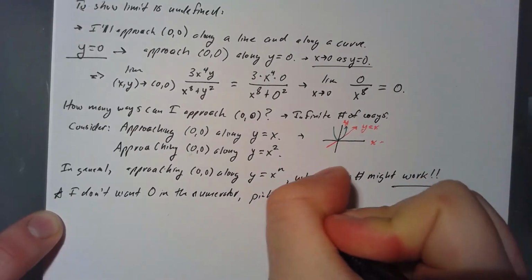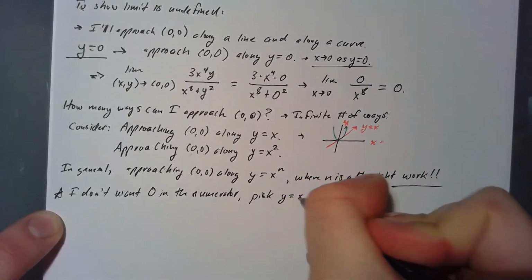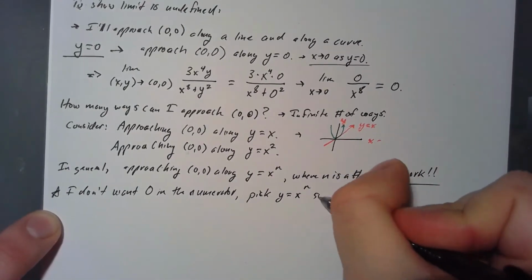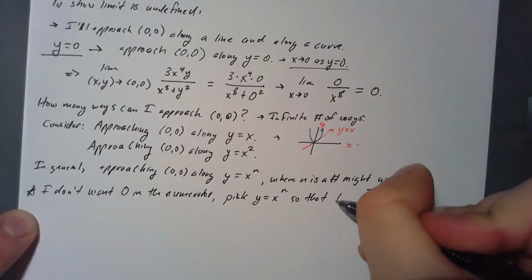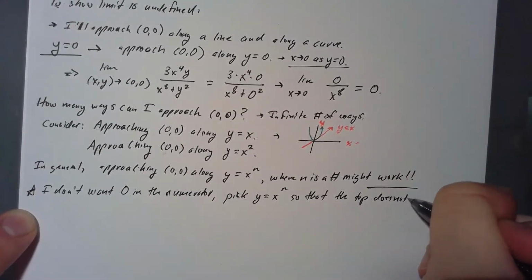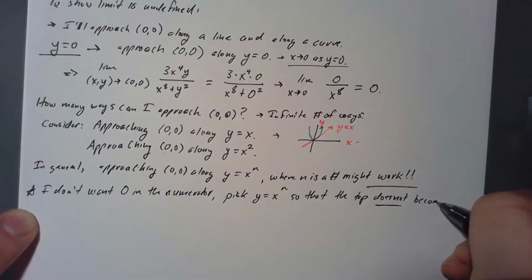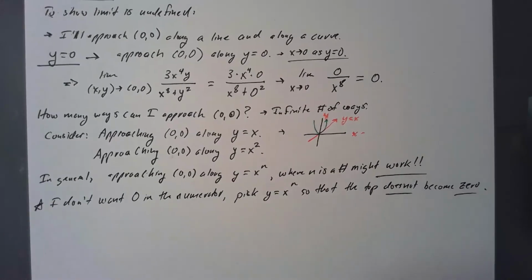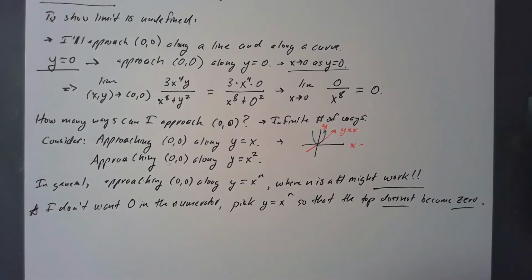You want to pick y equals x to the n so that the top does not become 0. This isn't very straightforward. You have to think about it a little bit.